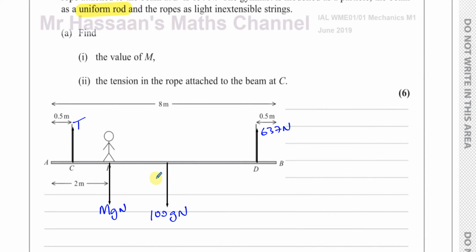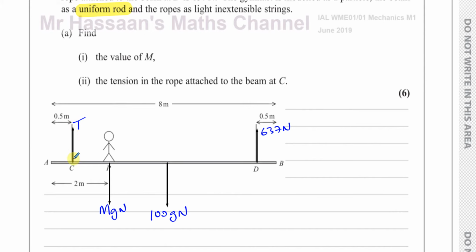Some people will ask, sir, what about the reaction force of the beam on the gymnast at point P? We are not considering the forces acting on the gymnast. Here we're considering only the forces acting on the beam alone. There's also a tension in the string acting downwards, but we're not considering that.